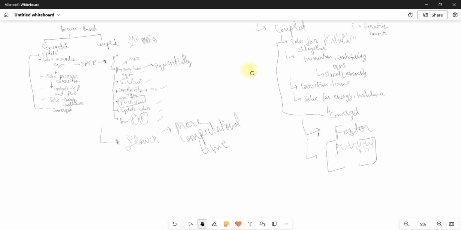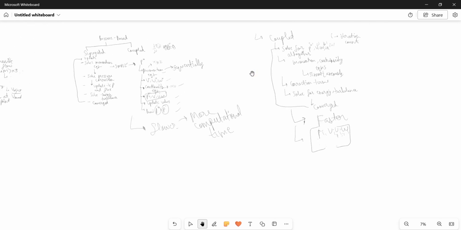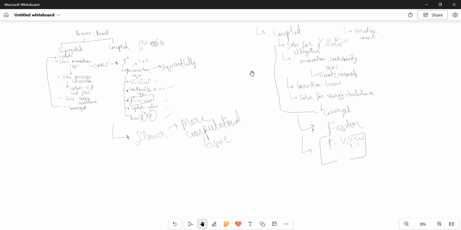And yeah, this is the basic segregation for the solvers. So you have pressure based and density based, and under pressure based you have segregated and coupled.